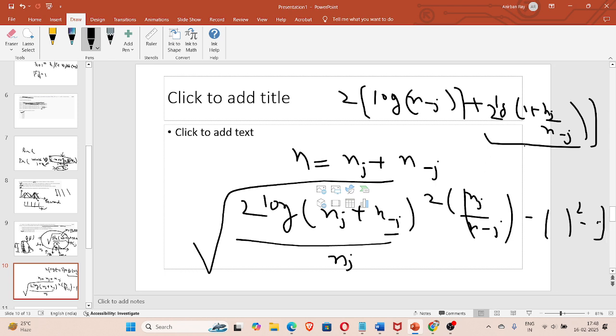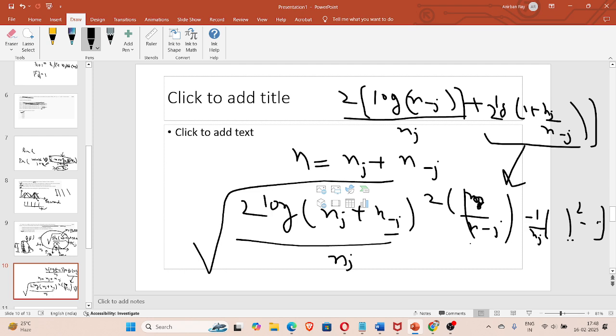Logarithmic, so this becomes this, and this remains. Now I try to divide by nj. This will be divided by nj, and this will also be divided by nj, so this becomes only n minus j.